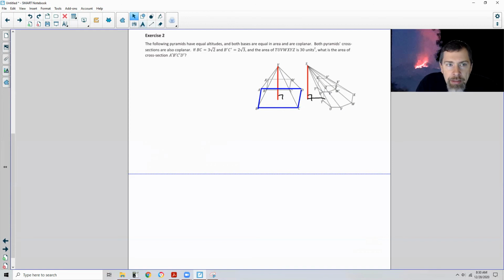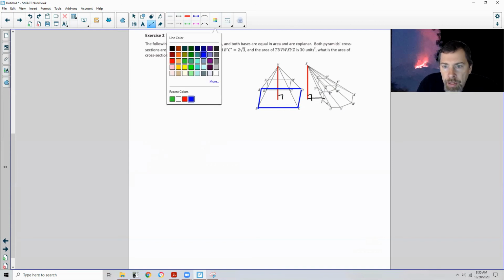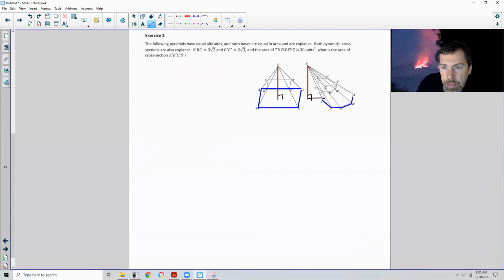So this base, I'll do it in blue as well, is TUVWX, Z, what's this one? That's X prime. TUVWX.